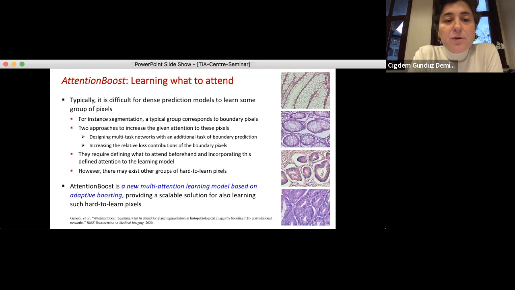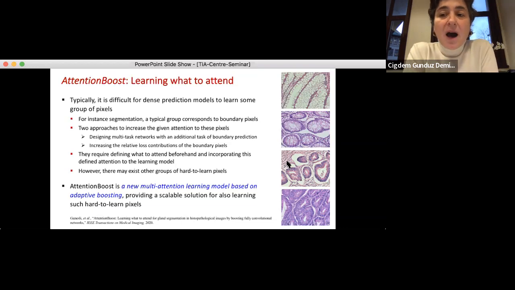So both of these approaches led to promising results for successful boundary predictions, but there may exist other groups of hard-to-learn pixels. So for example, due to the density differences inside the gland and outside the gland, in the connective tissue, the fixation and sectioning procedures may result in large white artifacts outside the gland, as you see here, here, and here.